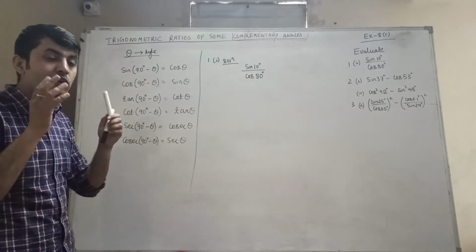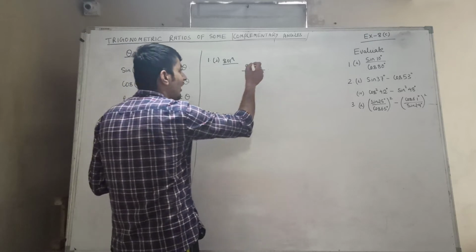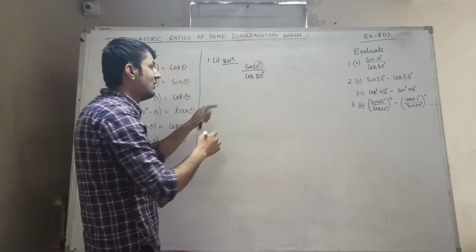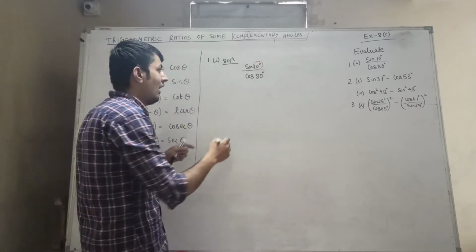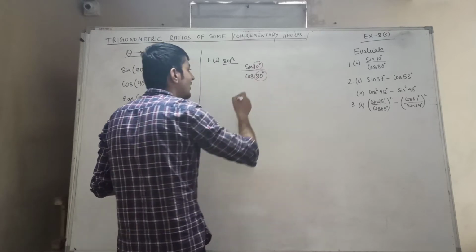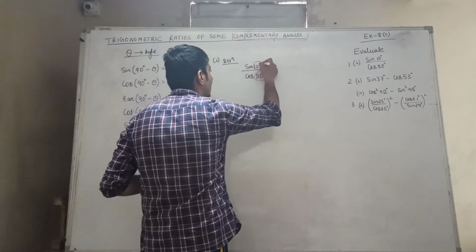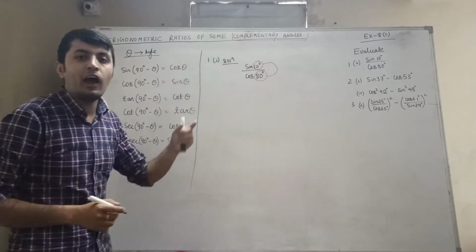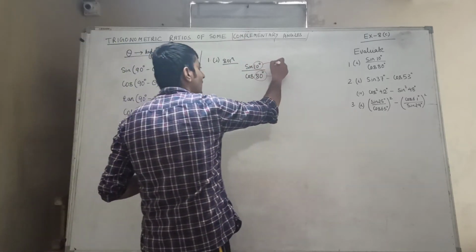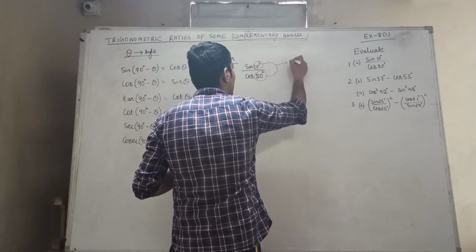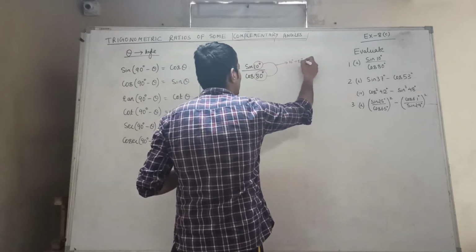What you will do is look here, this is your 10 degree. And here, this is your 80 degree. When you add 10 degree plus 80 degree, how much are you going to get?